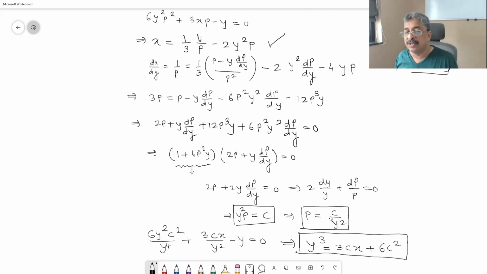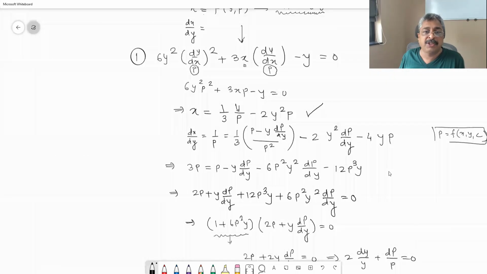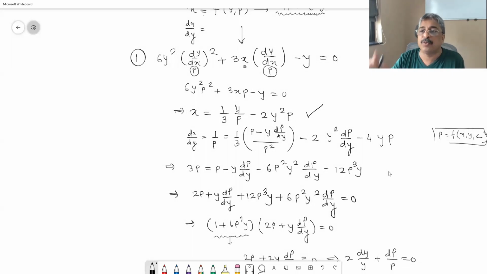It is going to be wrong, because already you have arrived at 1c. Another way of looking at it is, in this case you have 1c with you, that is the integration constant, and the order of our differential equation is also 1, therefore 1c is good enough. Whatever we are doing is going to be correct. Replace P by the relation that you have, and that is the solution.